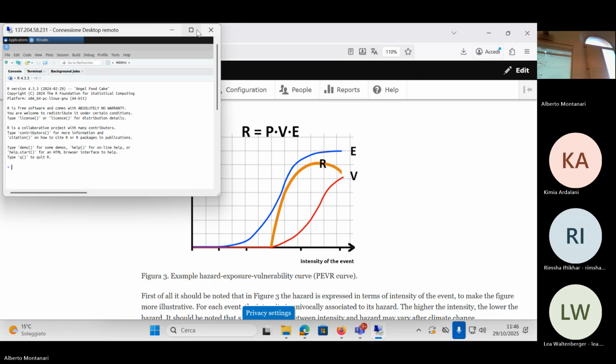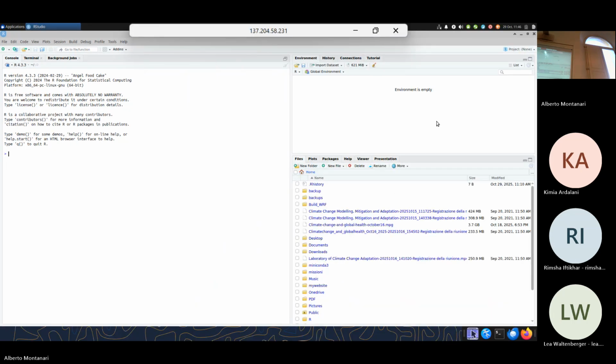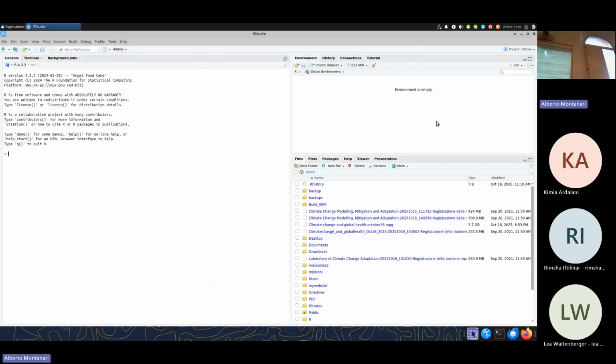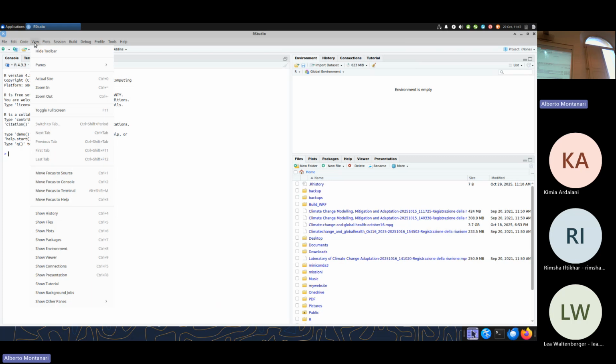Okay, good. So this is RStudio. It's just installed, brand new, just opened. Just let me increase the fonts.